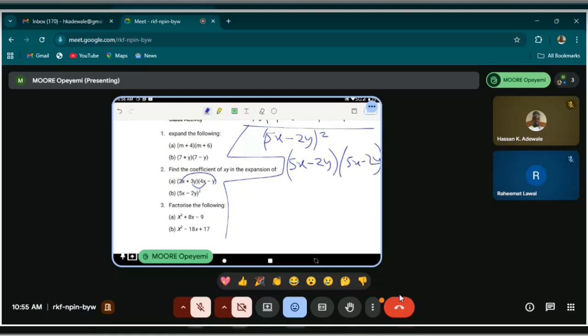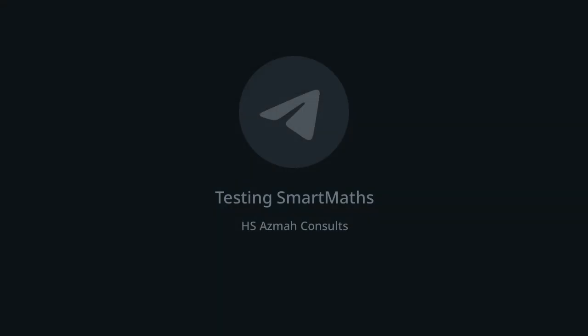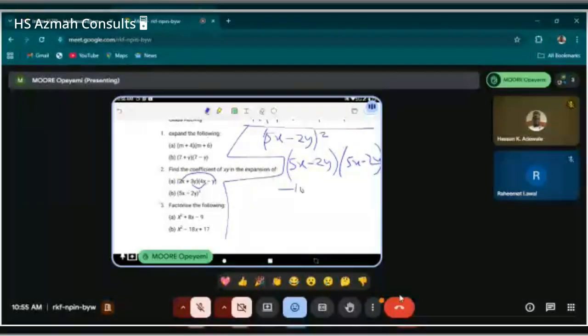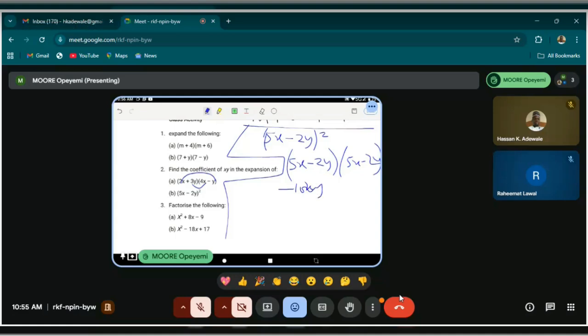So multiply xy, remember, x and y, this is minus 10xy, and this is another minus 10xy. That's all you need. Minus 10 and minus 10 is minus 20. As simple as that.